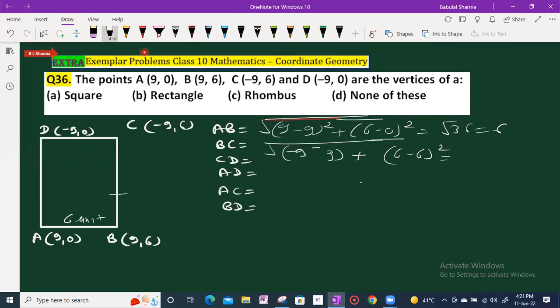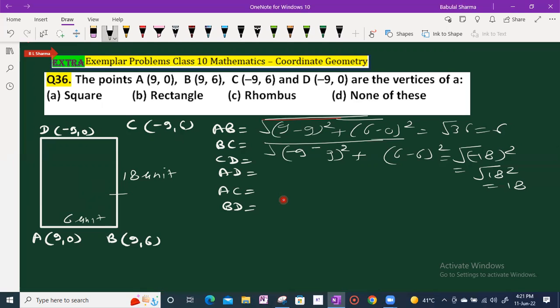That 6 minus 6 cancels out, and minus 9 minus 9 is minus 18 whole square, that is 18 whole square. Finding the whole square of minus 18 gives plus 18 squared, and taking the square root gives 18. So BC is 18 units.